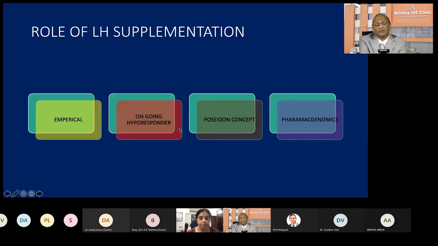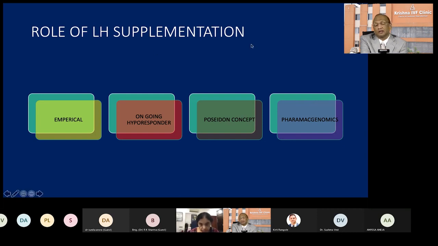So, the role of LH in the last 20 years is changing. Initially, it was the empirical use of LH for all older women. Then in the years between 2000 to 2012, the ongoing poor responder, and in the year 2016, the Poseidon concept, and now I feel the era of pharmacogenomics has come into play.